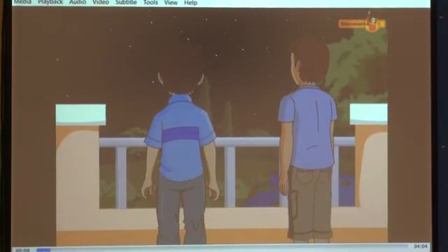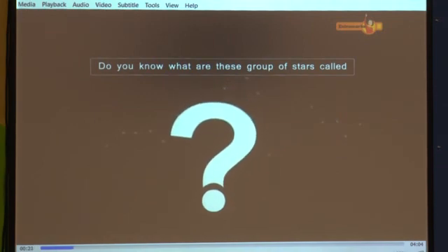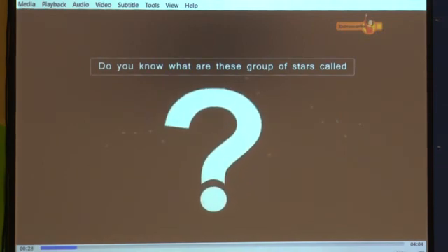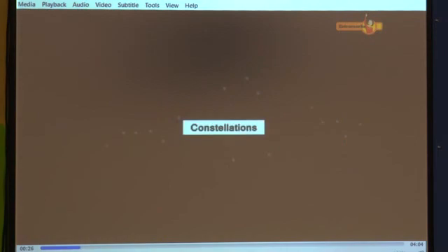Have you ever gazed at the sky in the night? Surely, you must have seen a few shapes formed by stars in the sky. Do you know what these groups of stars are called? Well, these are called constellations.